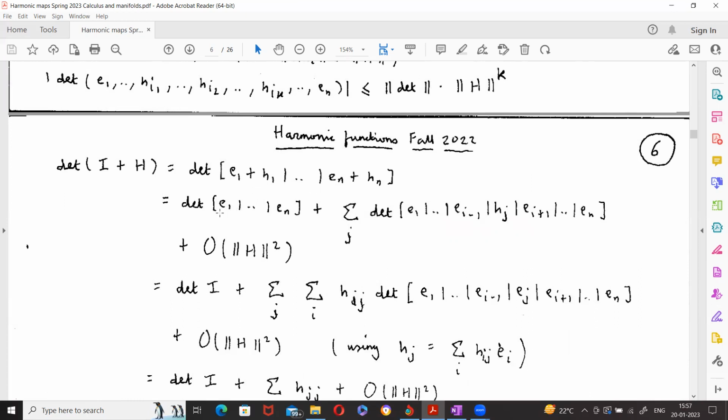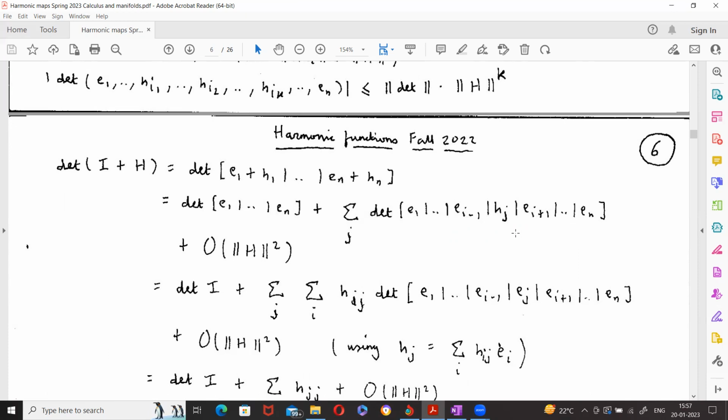The first term is where all the columns come from the identity matrix, the determinant of E1 to En. The next terms have exactly one column coming from H, so that is a sum over j of the determinant of E1 to Ej minus 1, Hj, Ej plus 1 to En.